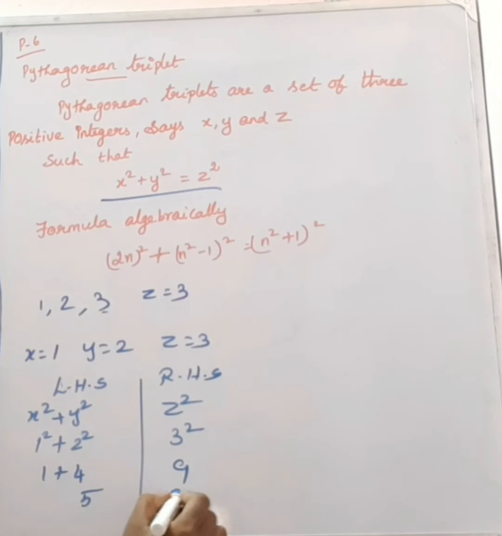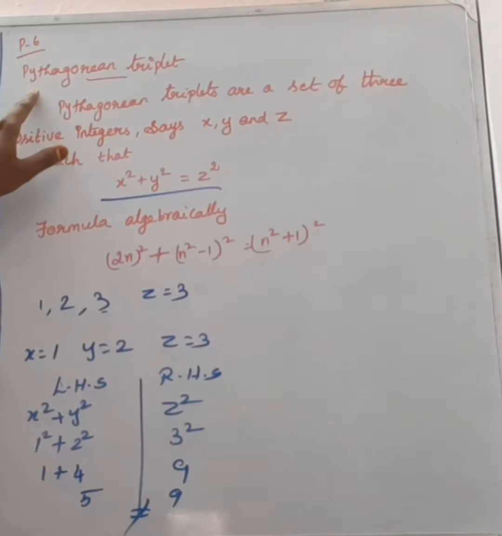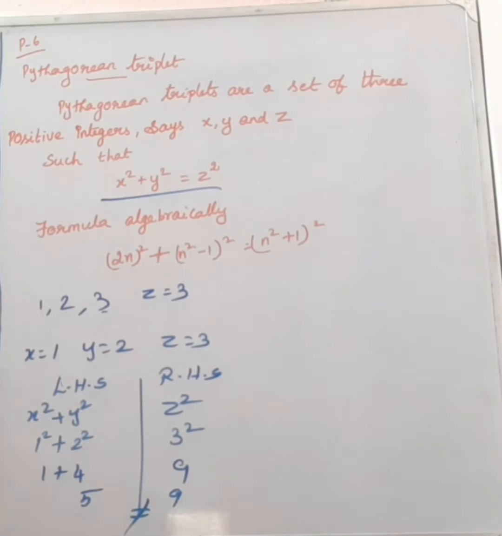So 5 and 9, which is not equal. So it shows that it is not satisfying the Pythagoras theorem. Pythagoras theorem means right angle. Okay, right angled triangle. So this will not come under that property.